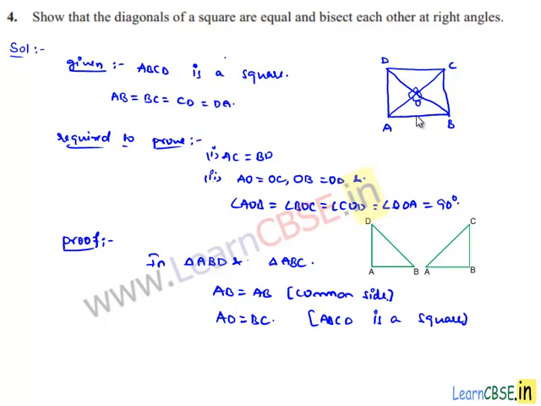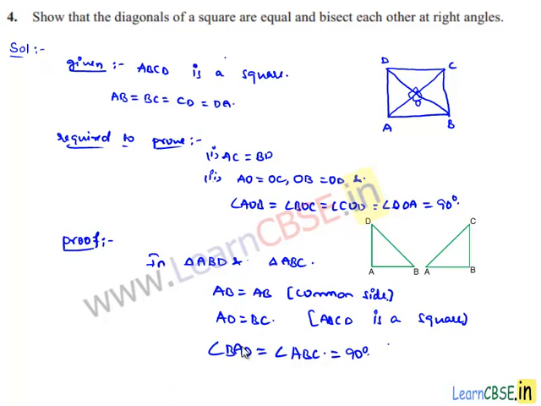And also finally we can say that angle BAD in triangle ABD is equal to angle ABC of triangle ABC, as in the square the sides are perpendicular to each other.